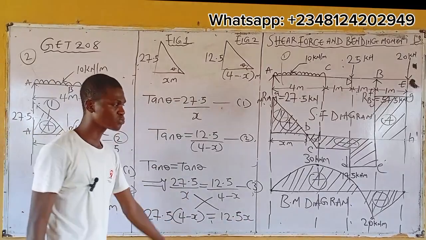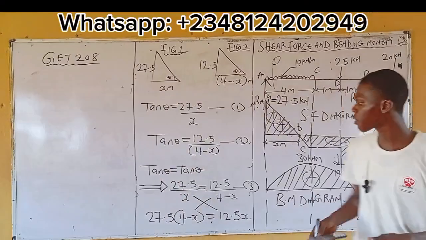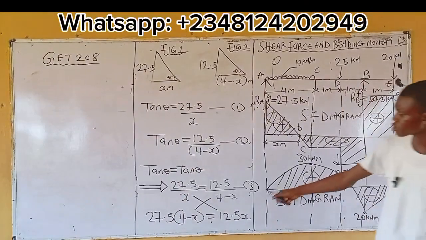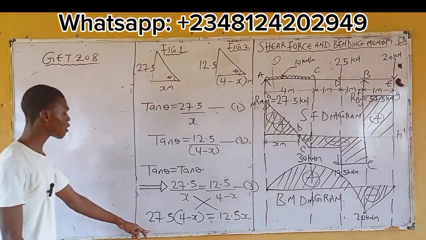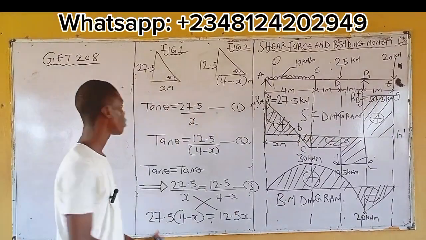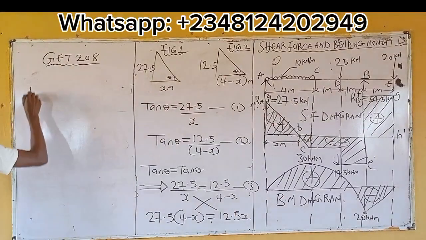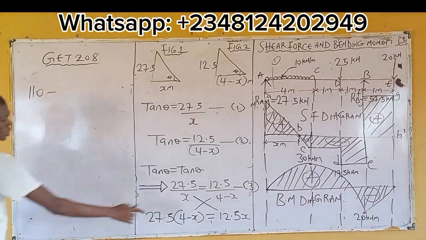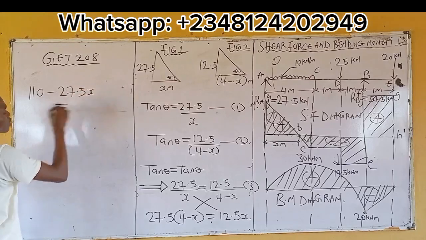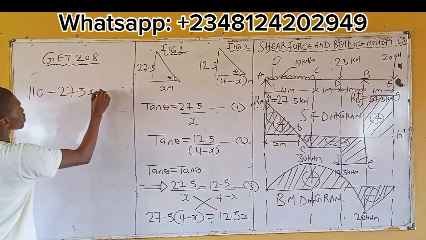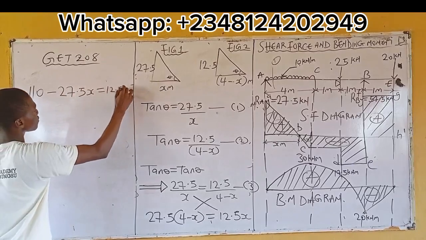Now, let's open up these brackets. 27.5 times 4 gives 110, so 110 minus 27.5x equals 12.5x.